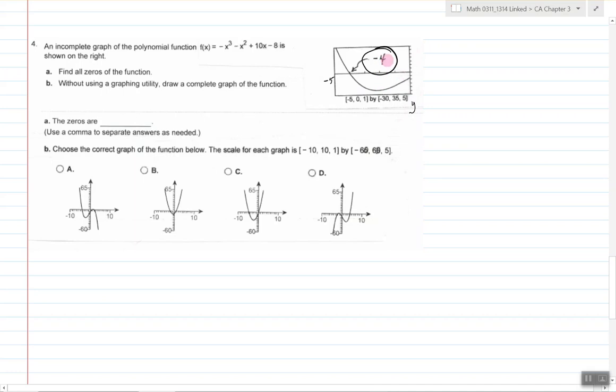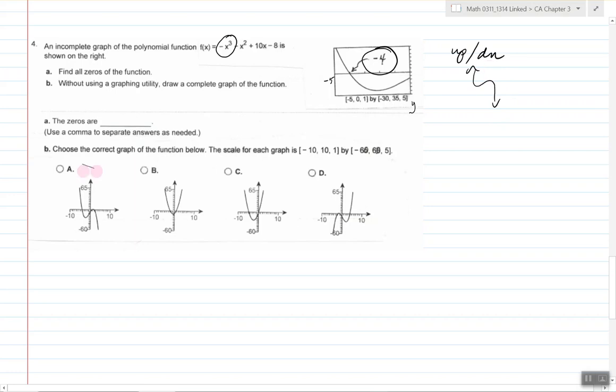All right, what do I know about this? This is a third-degree polynomial function. The leading coefficient is negative, so it is going to be up on the left and down on the right. So I'm thinking it's going to look something like this.